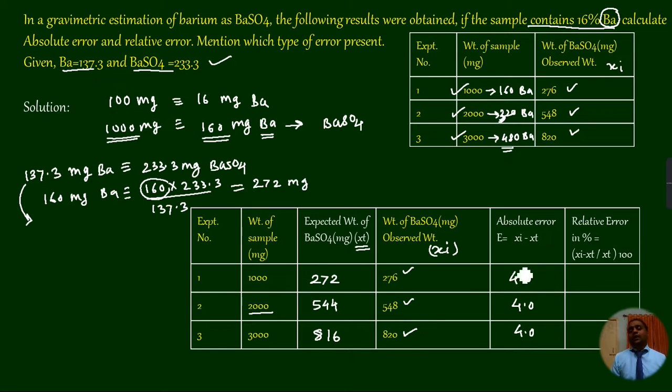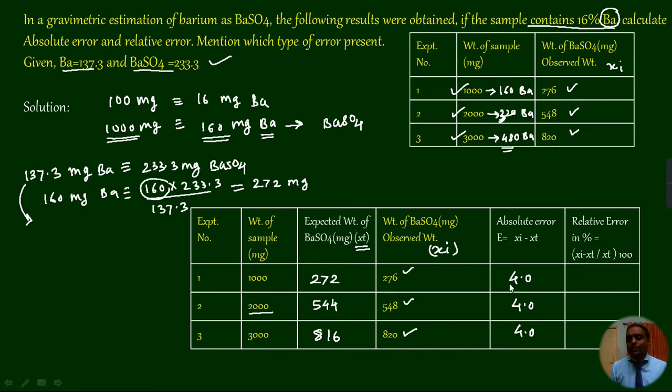So these are absolute error values, while for relative errors, you just have to divide by the true value, 272, into 100.